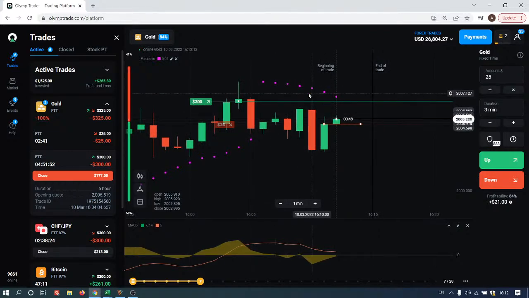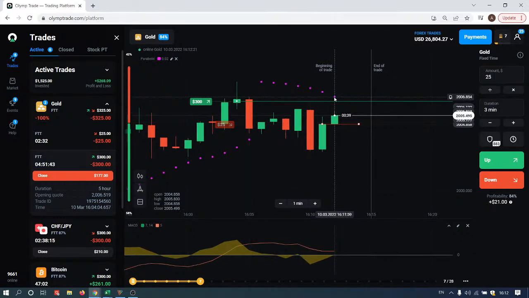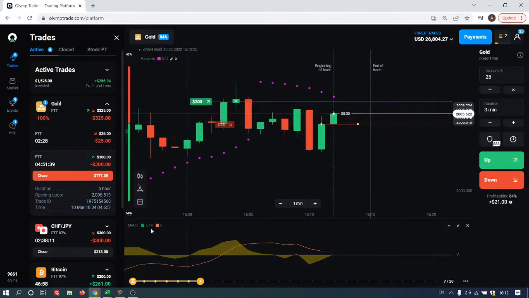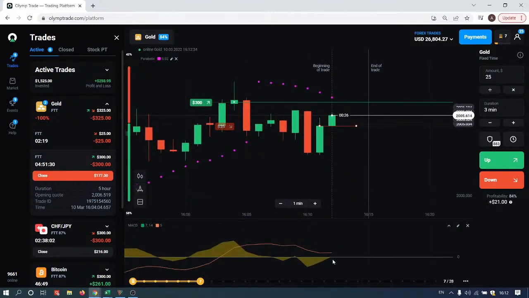The first signal comes from the parabolic SAR indicator, and it indicates that the price should go down because the parabolic SAR dots are now placed above the current price. And second, I get a confirmation from the MACD indicator with the properties of 7, 14, and 5. Whenever its area is located under the zero line, that's the signal for a down trade.